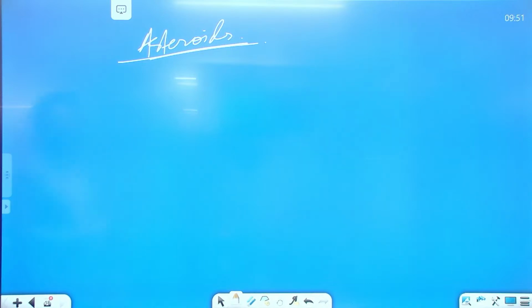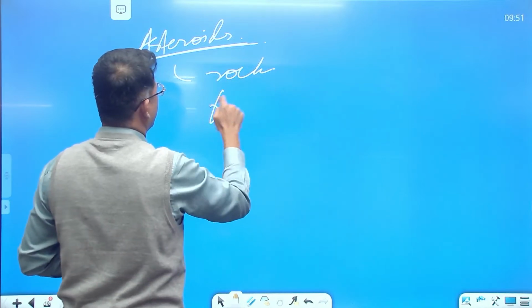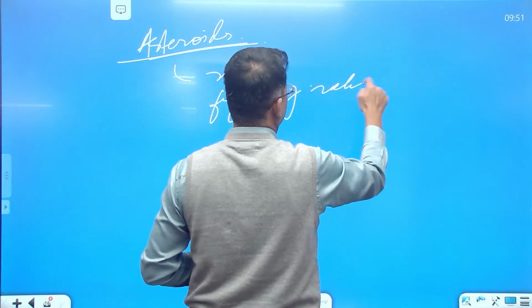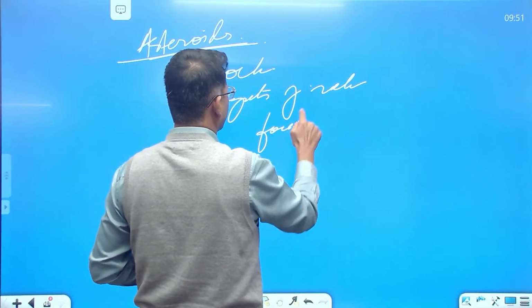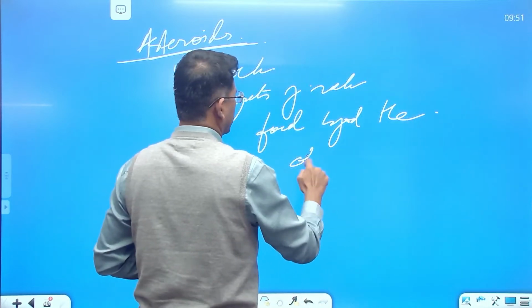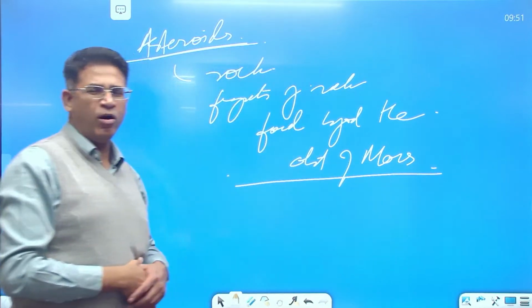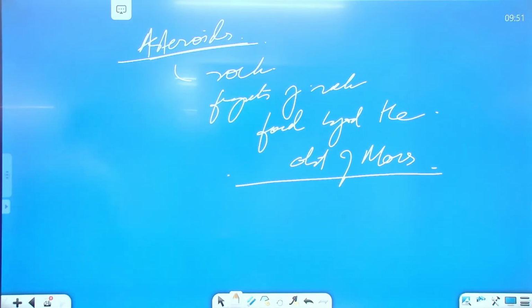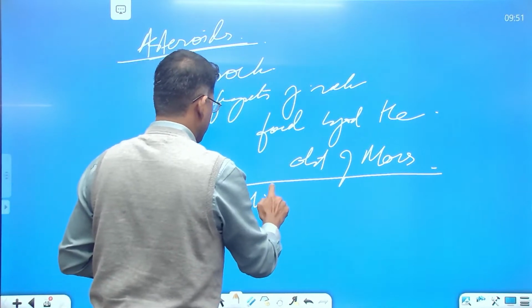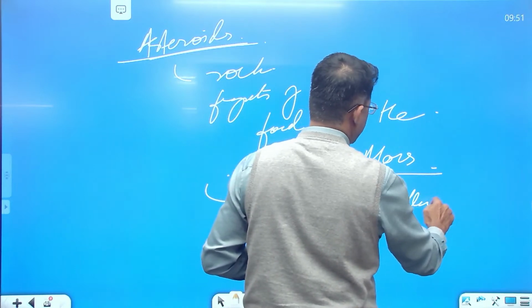What are asteroids? These are essentially fragments of rocks found beyond the orbit of Mars. There are millions of broken and scattered rocks.